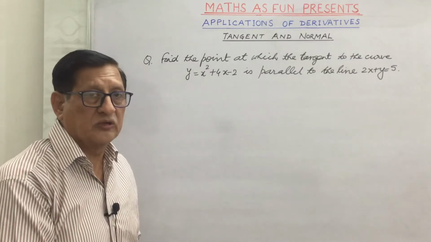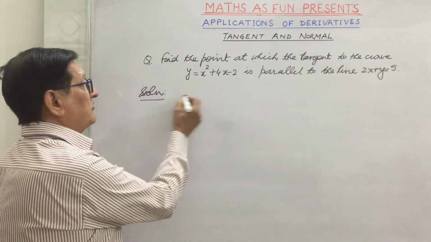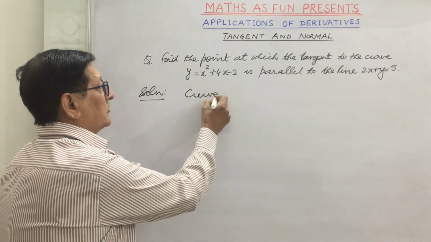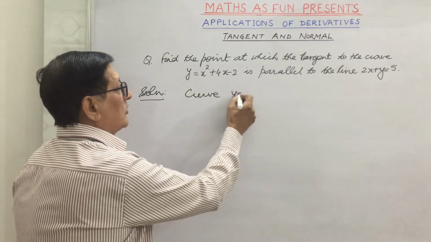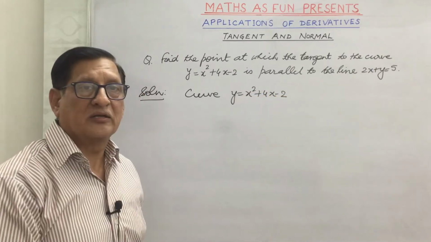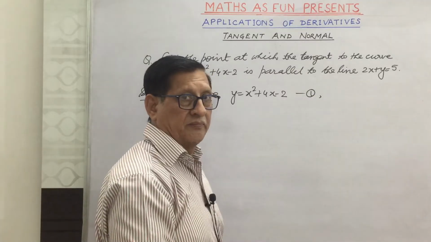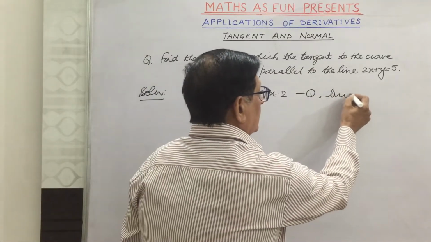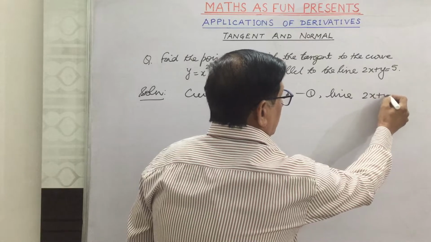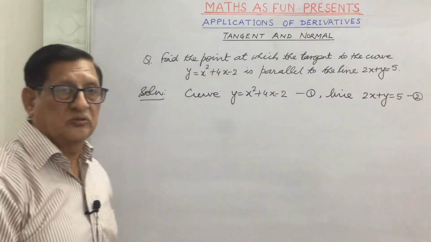What do we do to find out the solution? First, we write the equation of the curve. The curve is y equal to x square plus 4x minus 2, which can be written as equation number 1. Second is the line 2x plus y equal to 5. This we can write as equation number 2.